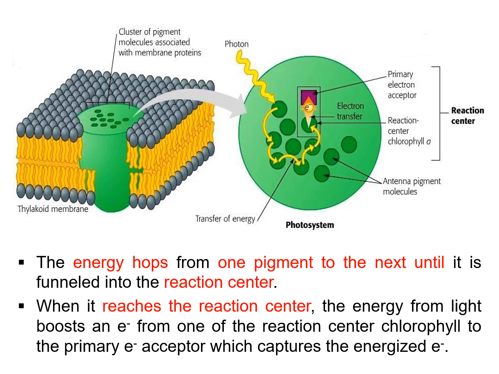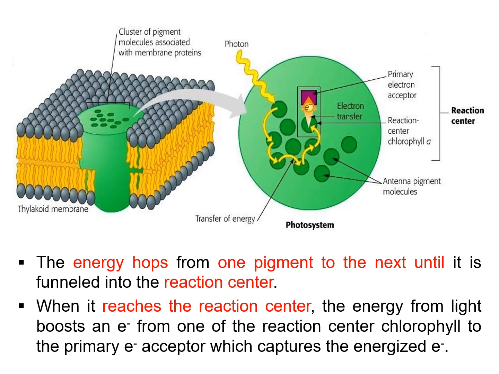I repeat again, the energy is in the form of an electron which is ejected by the absorbed light on the thylakoid membrane. Once ejected from photosystem 2, this electron will hop from one pigment to another until it is funneled or channeled into the reaction center.